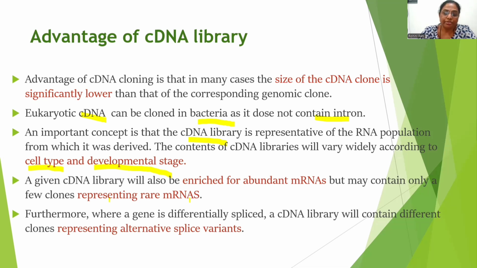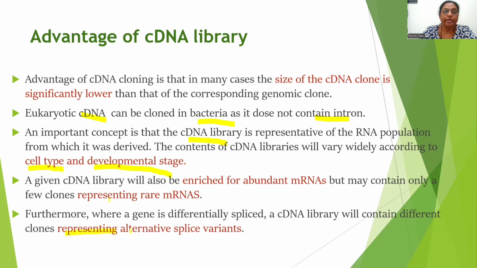So when we extract the mRNA and make the cDNA, the abundant mRNA gives an abundant amount of cDNA, rare mRNA gives a rare amount of cDNA, and the moderate gives a moderate amount of cDNA. So when we construct the cDNA library, it represents more of the mRNAs which are abundantly present in that particular type of cell, and the rare mRNAs are represented at a lower level.